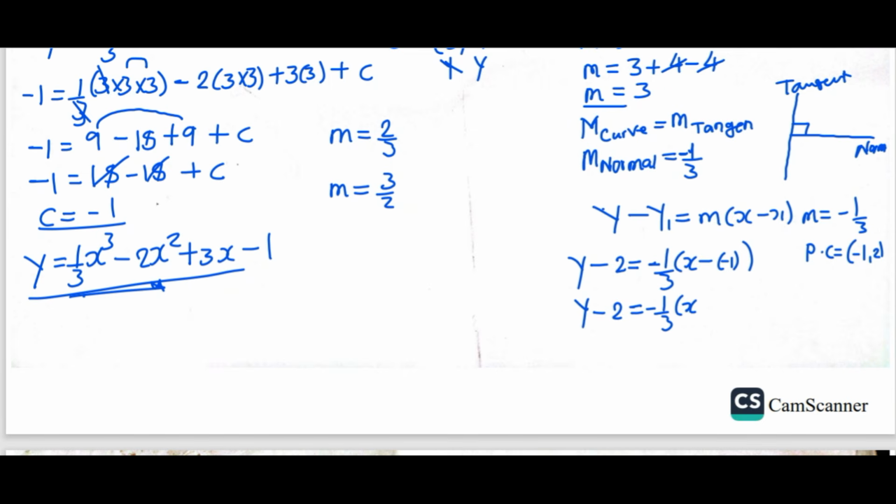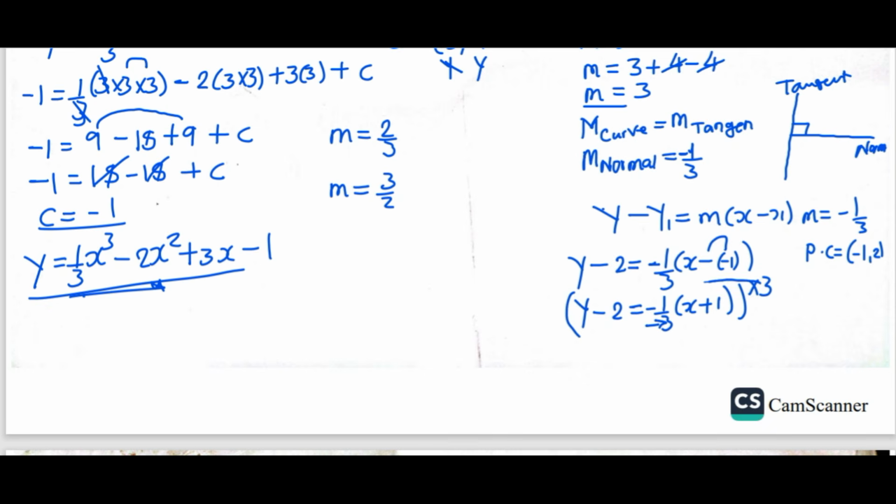First, I just want to simplify the inside of the bracket. Negative times negative here, we get positive 1. Now, if you are okay with solving it involving fractions, it's fine, you can do it. But I prefer we first get rid of the fraction. If you want to get rid of the fraction, you multiply everything by the number here.